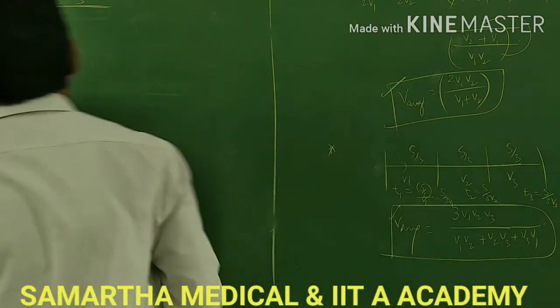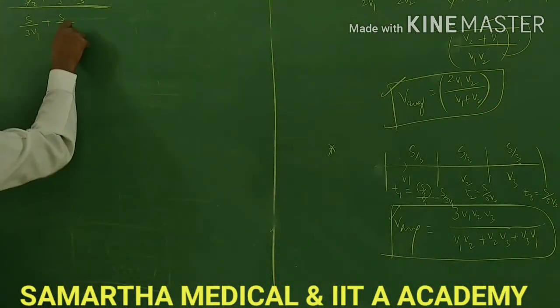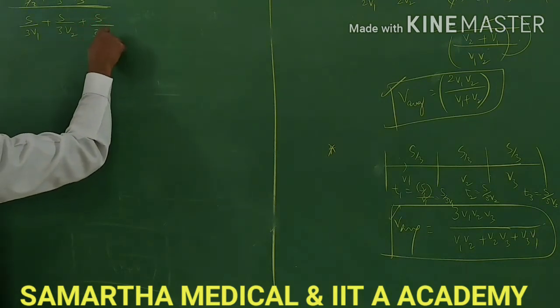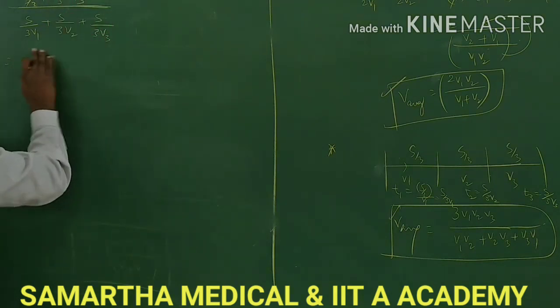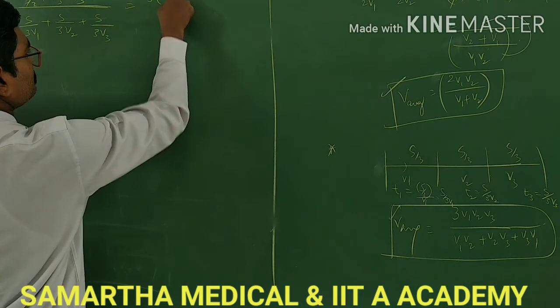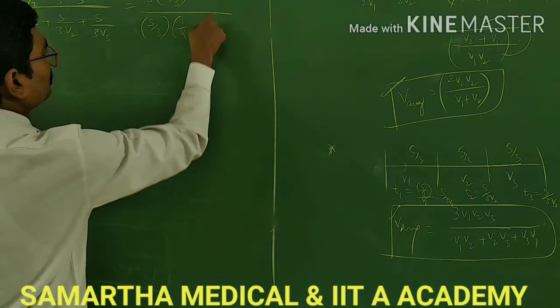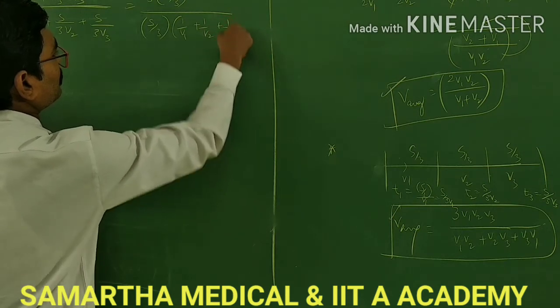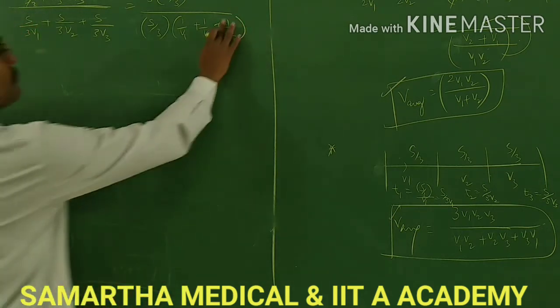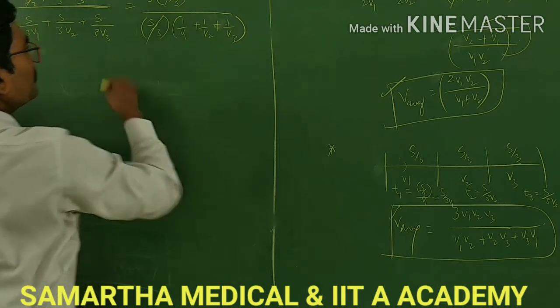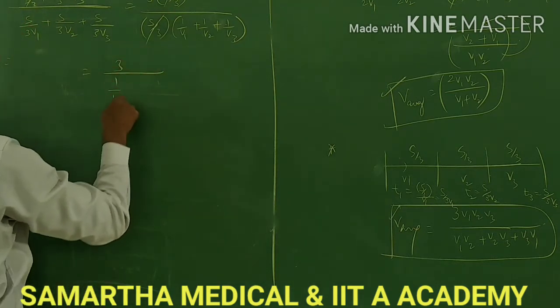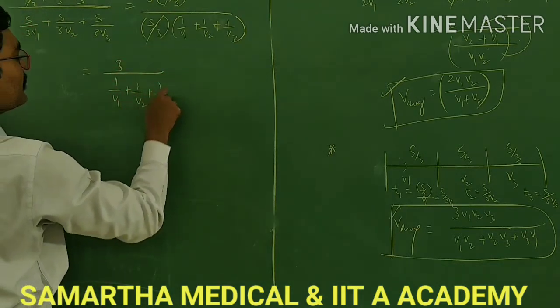You substitute. Three times S by 3 divided by S by 3 common, times 1 by v1 plus 1 by v2 plus 1 by v3. S by 3 gets cancelled, giving 3 by 1 by v1 plus 1 by v2 plus 1 by v3.